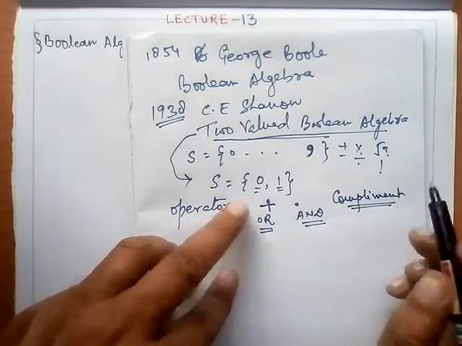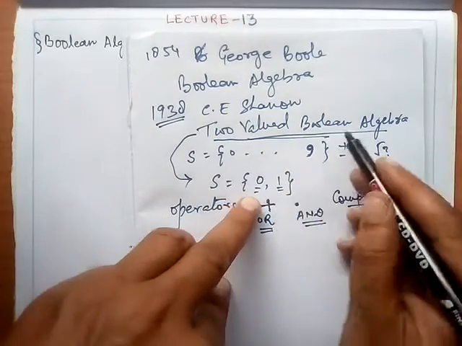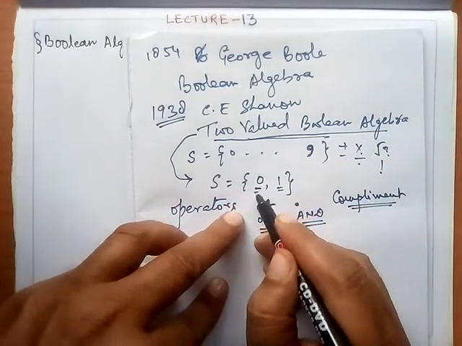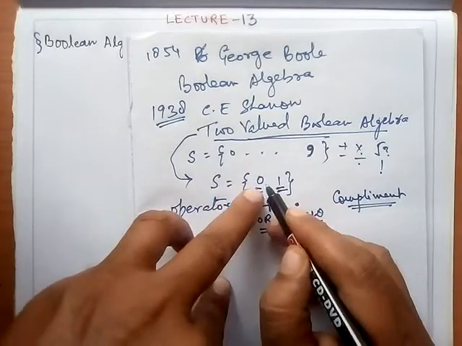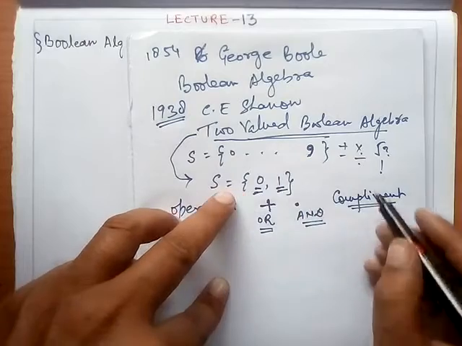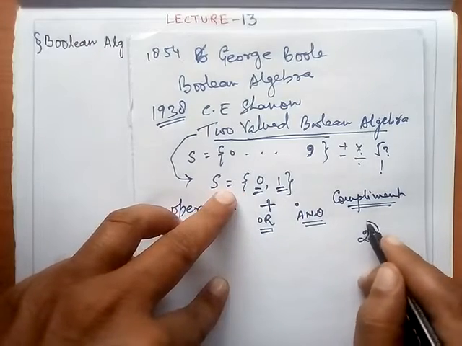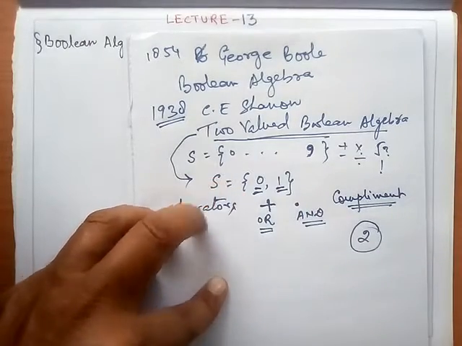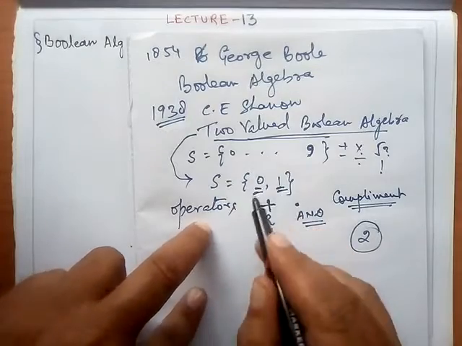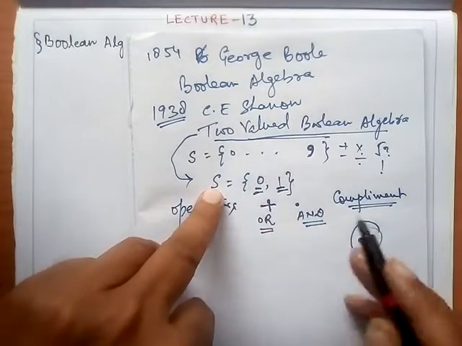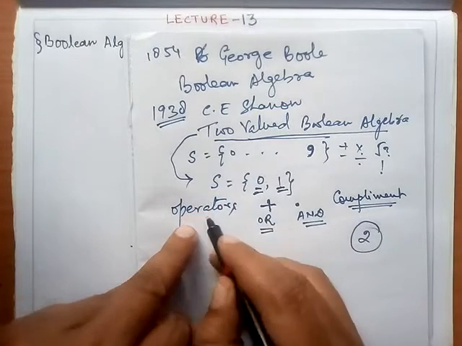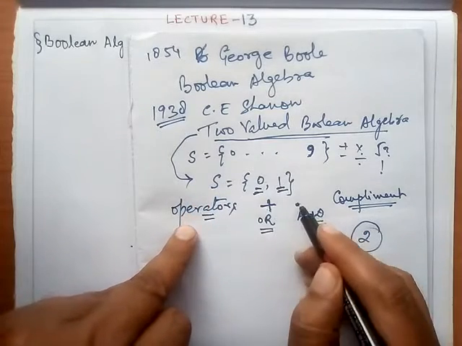So a variable in Boolean algebra can attain only two values, that is 0 and 1 only. It does not understand any letter or any other figure. It understands only 0 and 1, that is, you have only two values in the sample space. First of all, this point is to be remembered here, and there are only two operators, plus and a dot.